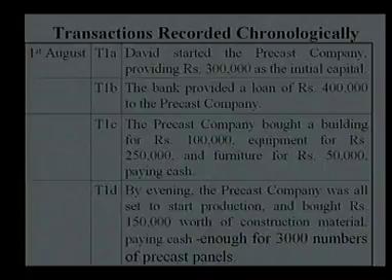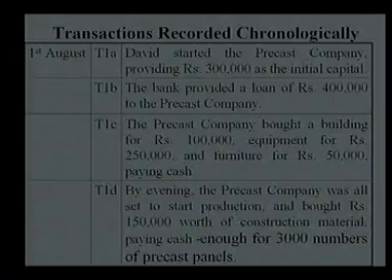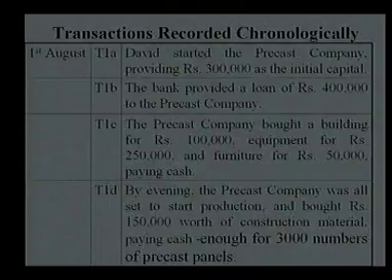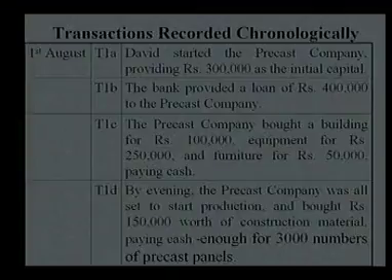So first, transactions related to capital. David provided initial capital of rupees 300,000. In the second transaction, on the same day, the bank provided a loan of rupees 400,000. Now in the third transaction, the Precast Company bought a building for rupees 100,000, equipment for rupees 250,000, and furniture for rupees 50,000, paying cash.